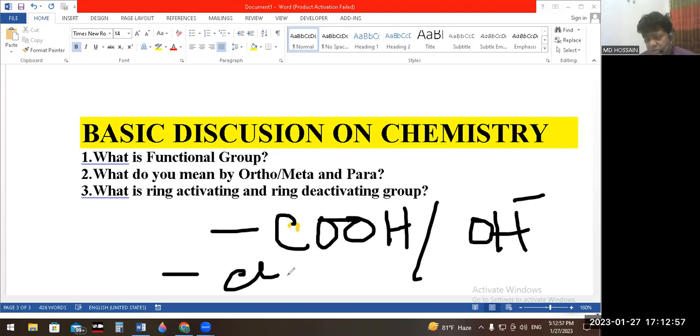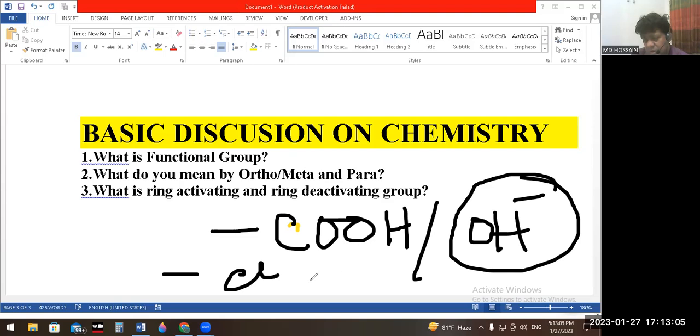You can say the hydroxyl group is negatively charged, and then carboxyl, and chlorine is neutral. It is also present as a functional group and determines the chemical characteristics of the molecule.